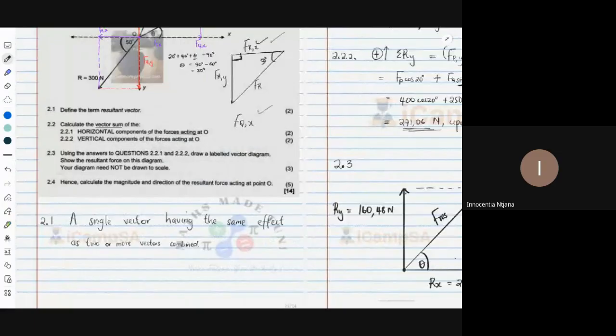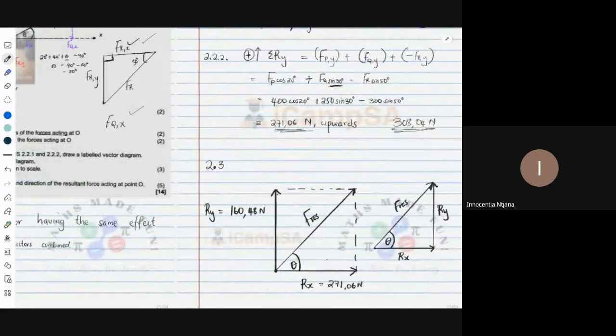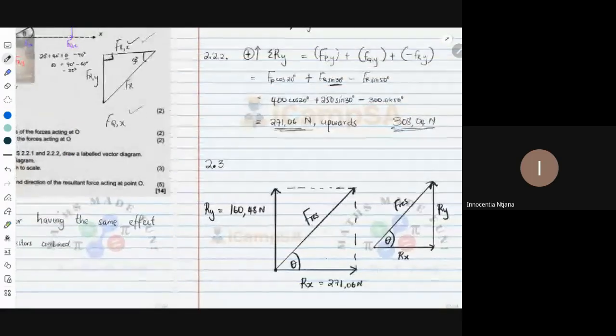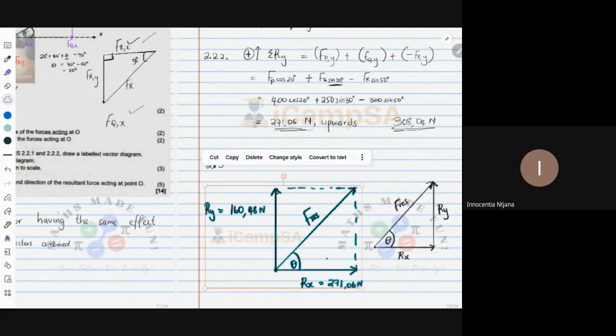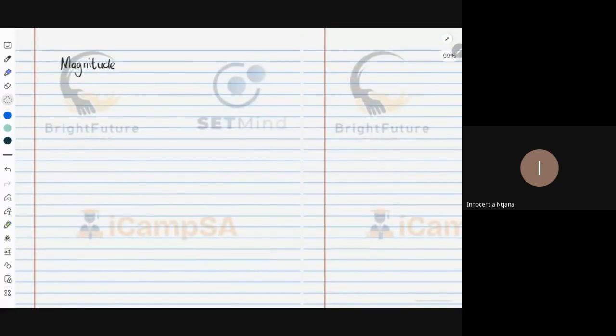Hence, calculate the magnitude and direction of the resultant force. Okay, you see now they want us to find the magnitude and the direction. Let's start with magnitude. Remember what we said. Let me take one of these triangles. You won't get marks for drawing a triangle.